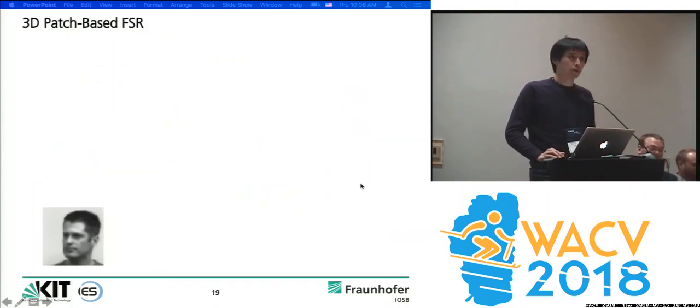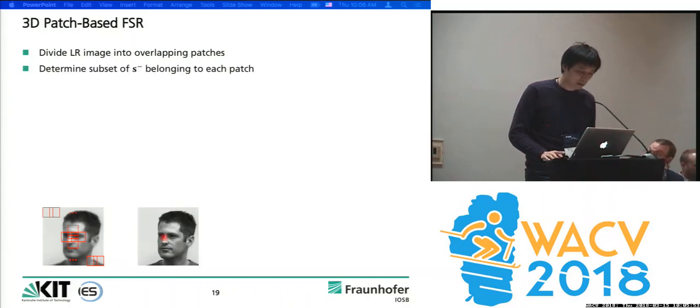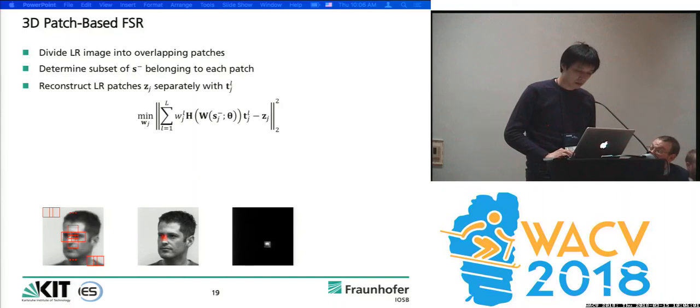So for doing super resolution, we used a patch-based method because it's more robust to many challenging environments. First, the pictures are divided into overlapping patches, and for each patch we decide which of the vertices belong to this patch, and then for each vertex we just use the training data to reconstruct the patch.